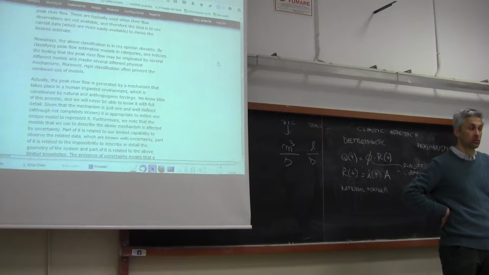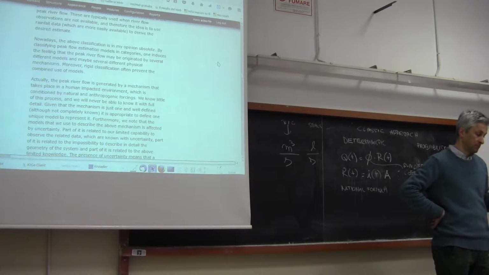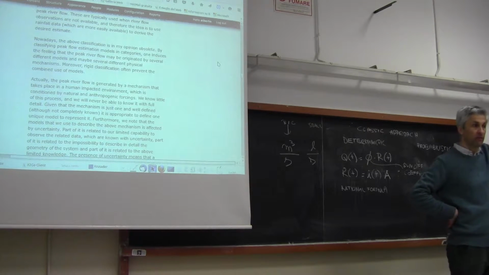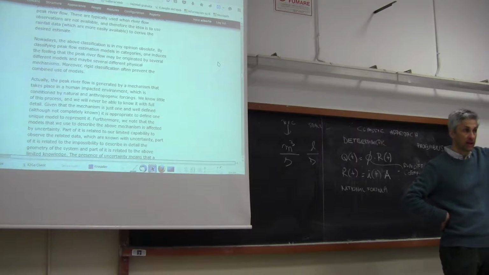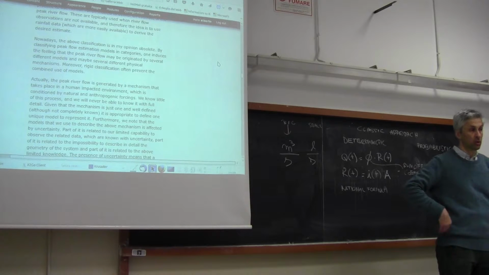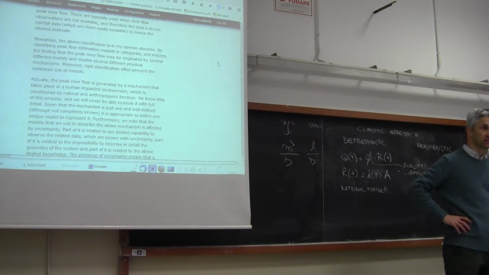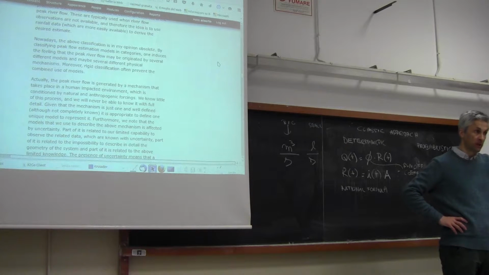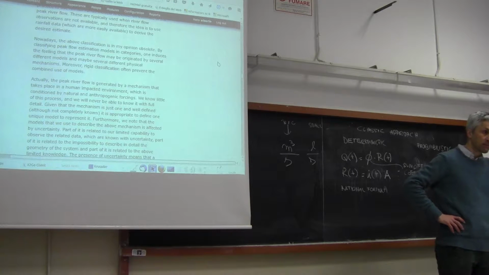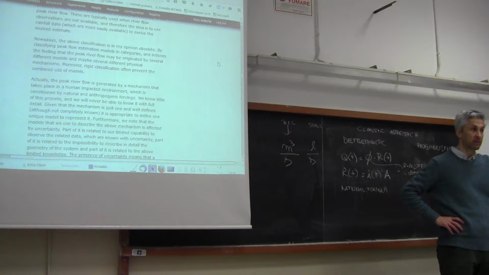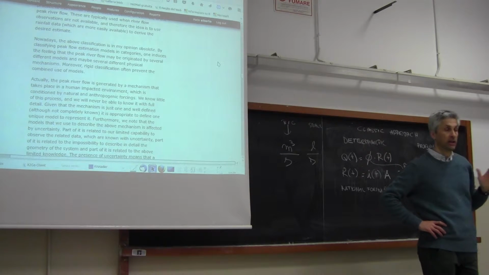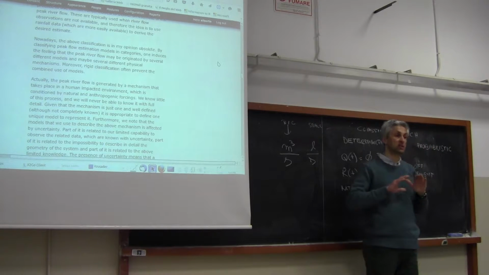Like if you want to drop something in the void, and you want to predict how long it takes to get to the ground, to fall along the vertical direction for a given distance, you perfectly know the physics of the process. You are in the void, so you can write a deterministic model to predict the time that is needed to reach the ground. And basically, you don't have uncertainty.